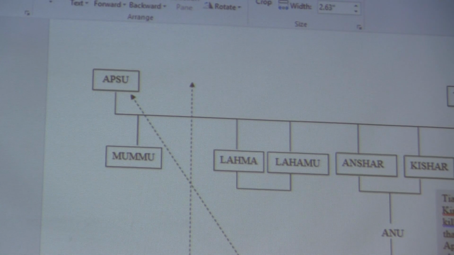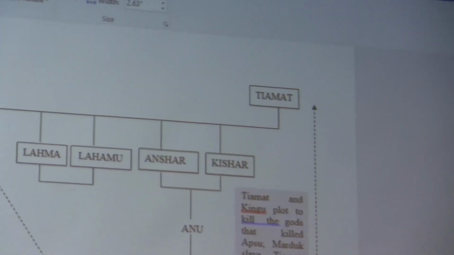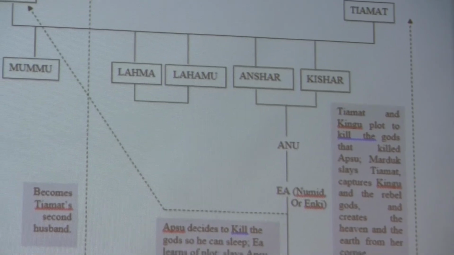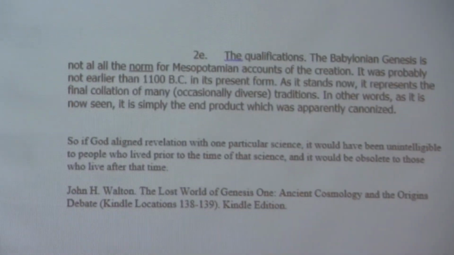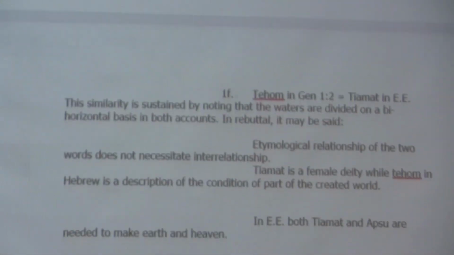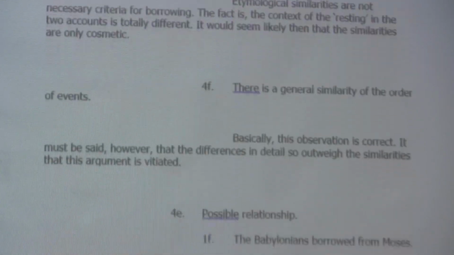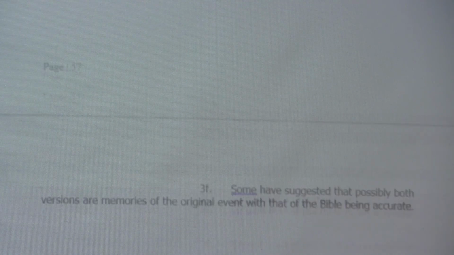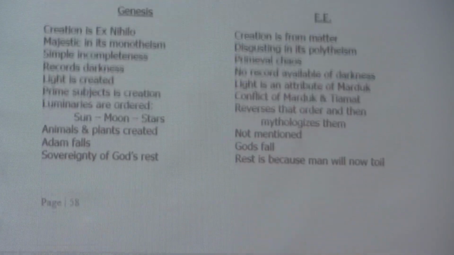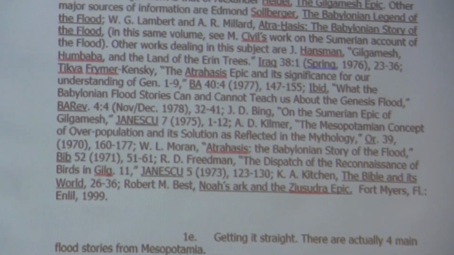And there was a time 30 years ago when people were proposing that there were similarities between the Babylonian creation account and the Bible, and a lot of that has now diminished. And so I'm just going to bypass the information on the Enuma Elish, one of the Mesopotamian creation accounts, and instead turn our attention toward the Babylonian flood account.